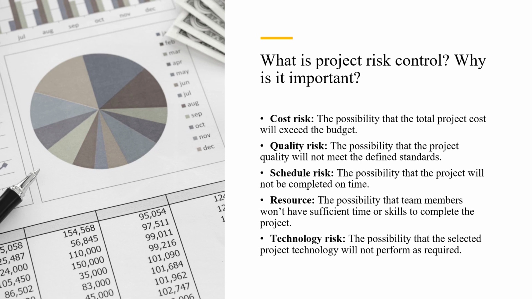And then resources risk is the possibility that team members won't have sufficient time or skills to complete the project, whereas technological risk is the possibility that the selected project technology will not perform as required. So to overcome all these risks and challenges, project risk control is important.